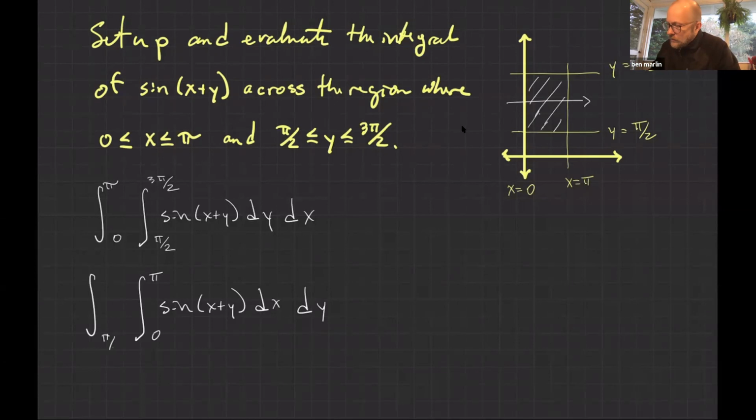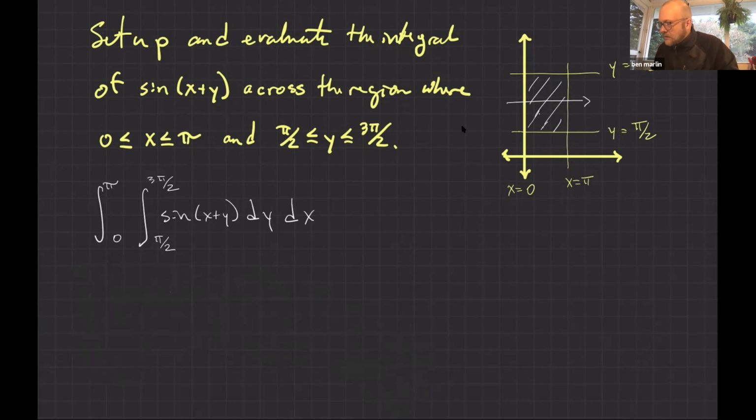Those were pi over 2 to 3 pi over 2, okay? So we can evaluate either one of these. Because it's a rectangular region, there's not going to be any more difficulty doing one than the other. So I'm going to take here and just erase the second one.